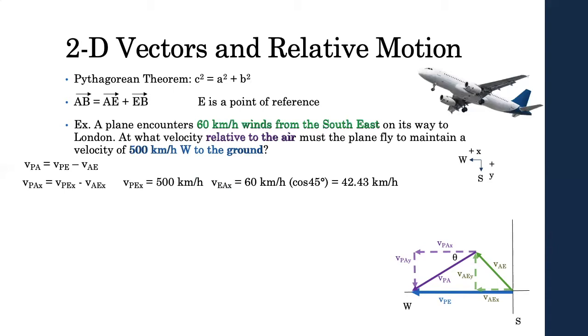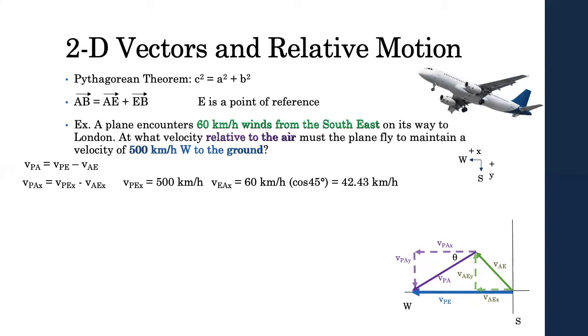But we know that the wind is not going perfectly up and down or left and right. It splits the middle. So when something's going northwest, it's going smack in the middle of north and west. That's 45 degrees. That's where I got the 45.